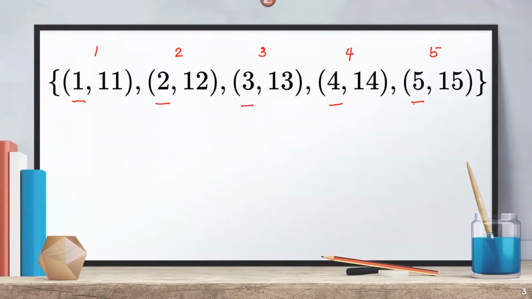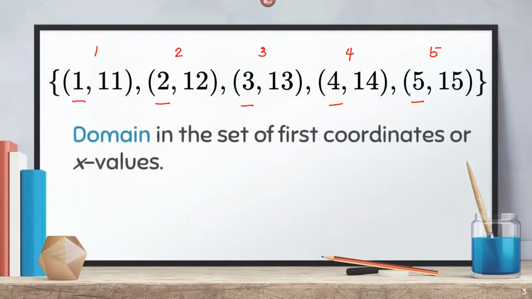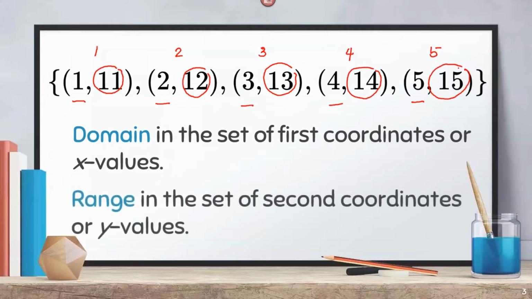This set of x-coordinates is called the domain. On the other hand, the y-coordinates are 11, 12, 13, 14, and 15. The set of y-coordinates is called the range.